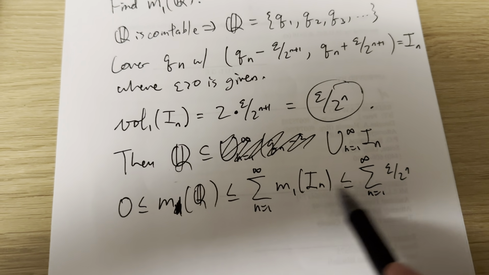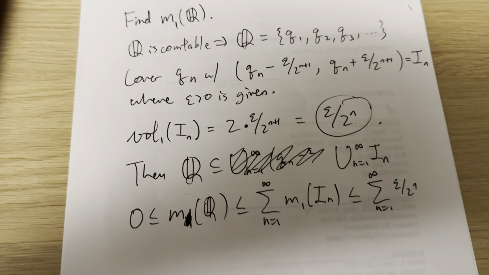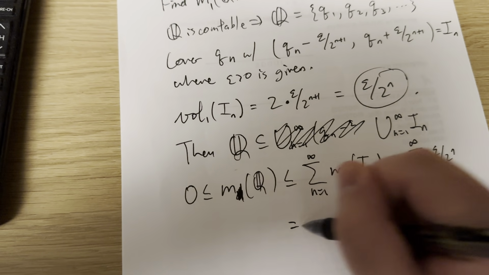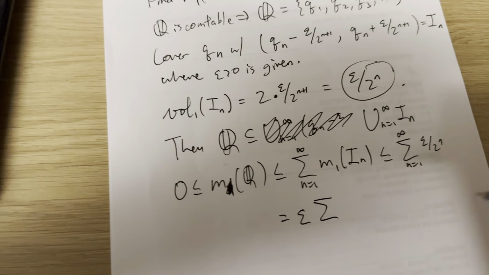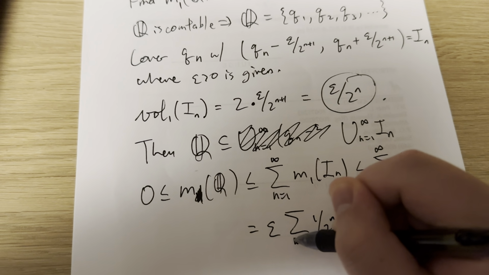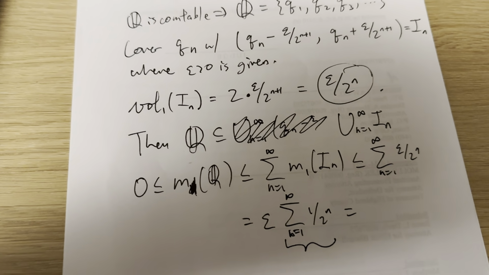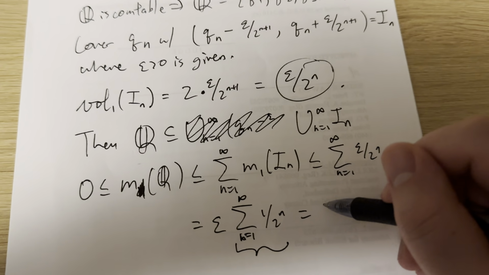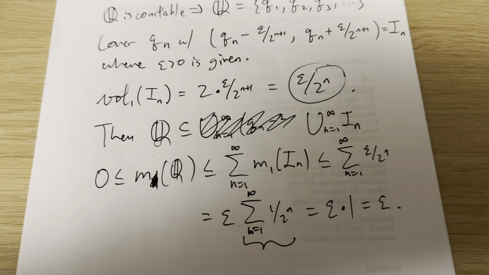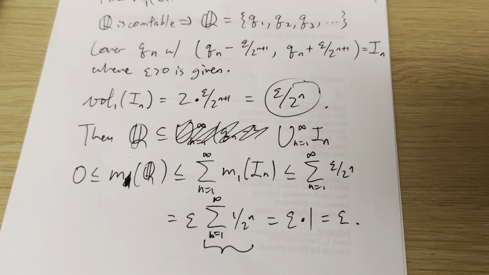All I did was replace this with what its measure is. And the epsilon can be carried out, so that's equal to epsilon times the sum of 1 over 2 to the n, n equal 1 to infinity. And this is a geometric series, and that geometric series tends to 1. So we end up with the measure of Q is bounded above by epsilon.